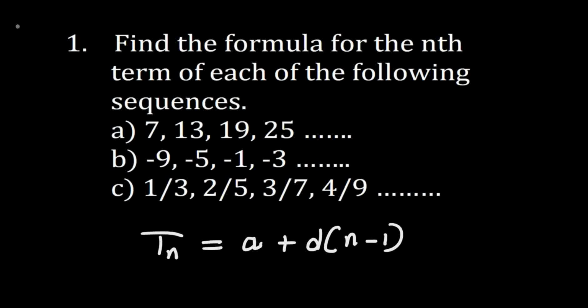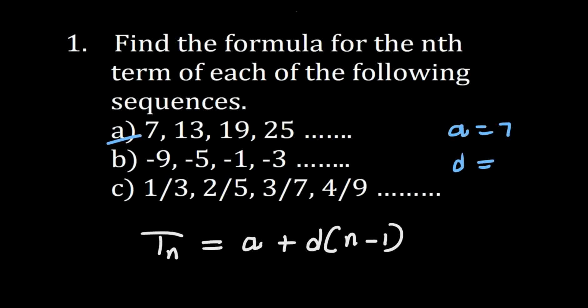So all we are going to do now is to take the first term. The first term in this question, a, is 7. So identify it: a is equal to 7, and the common difference d.